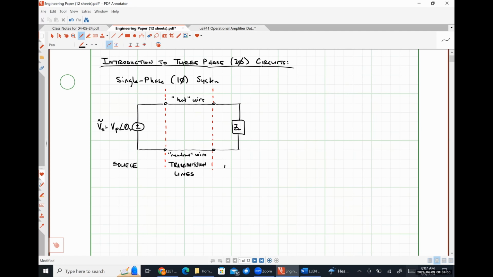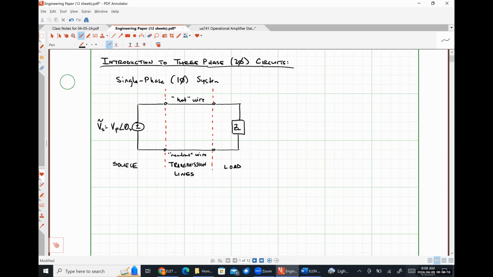And then over here on the right-hand side of things, we have our load, which is just something that we kind of plug into our receptacle. So that could be representative in a home setting of like a heater or a computer or an oven or something like that.